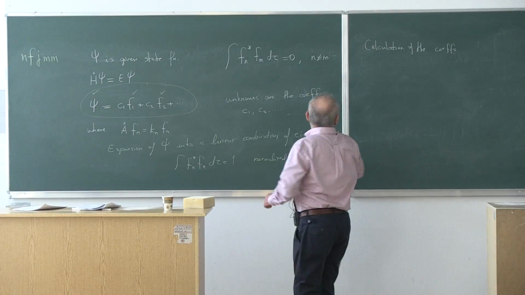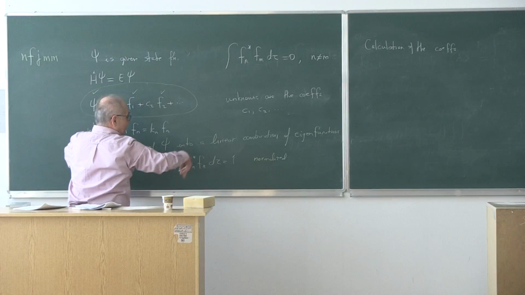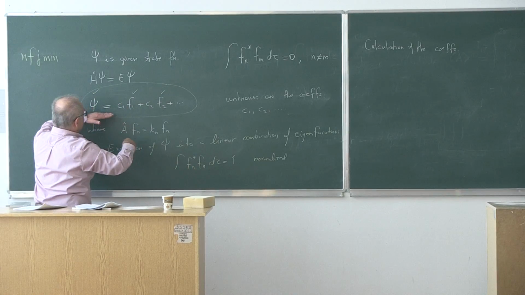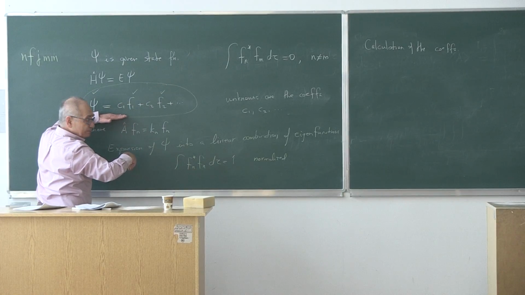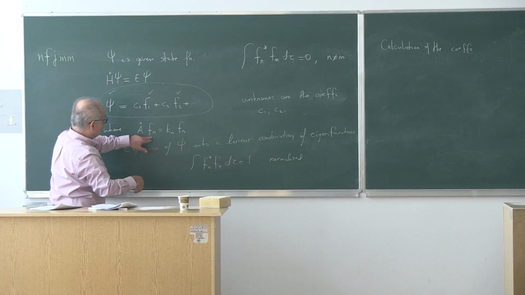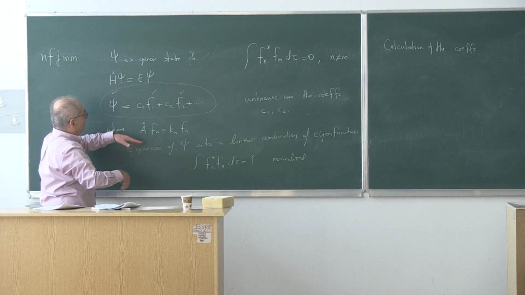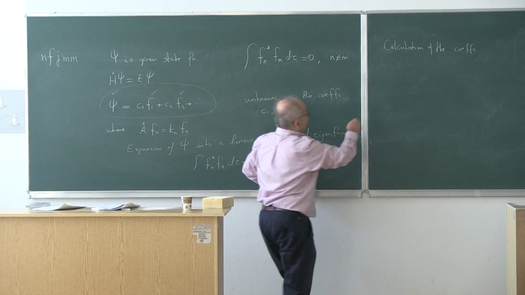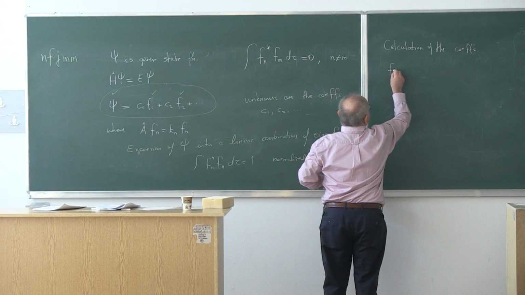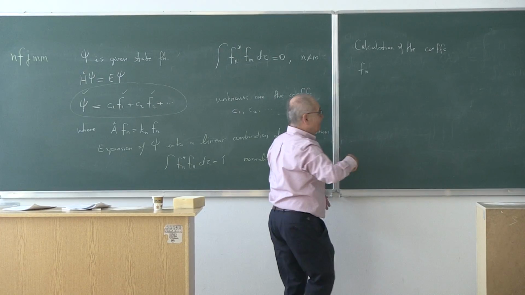Okay? Now, to use these facts, we take this expression and then multiply from the left with one of the functions, f1, f2, f3, etc. Let us say we take the nth function to make it general.